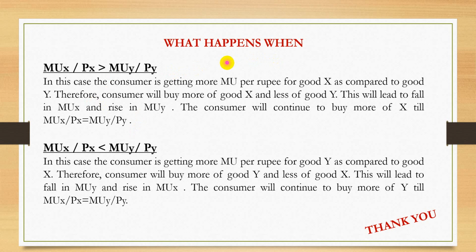What happens when MUX by PX is greater than MUY by PY? First we can say the consumer is not in equilibrium at this level of consumption.